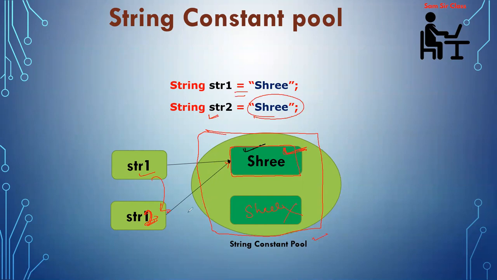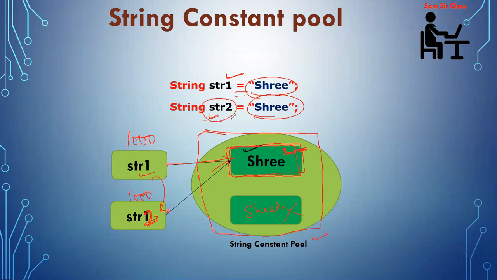Done. Okay, so that means suppose the reference number is 1000, the same reference number will be assigned to str2. Why? Because for the first time, whenever the first string is created, JVM will check whether anything with the name Sri is available in the constant pool or not. No, nothing is available. So it will create a memory space for Sri, store it in the string constant pool, and str1 will point to that.